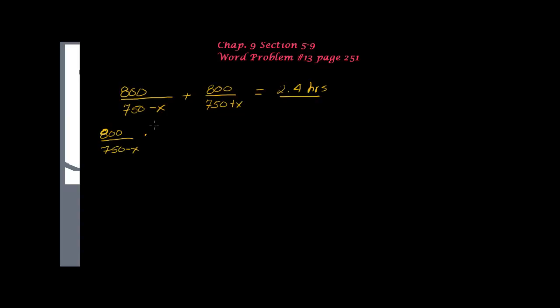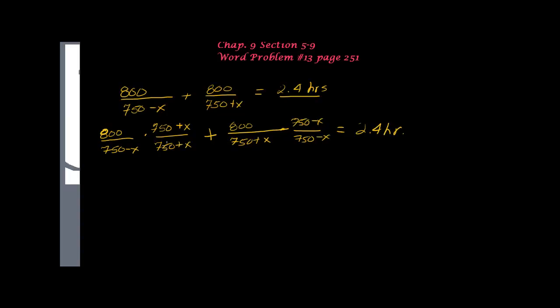So we're going to multiply the first term here by 750 plus x over 750 plus x plus 800 over 750 plus x times, I left myself a little space here, 750 minus x over 750 minus x. And of course that's all equal to 2.4 hours.